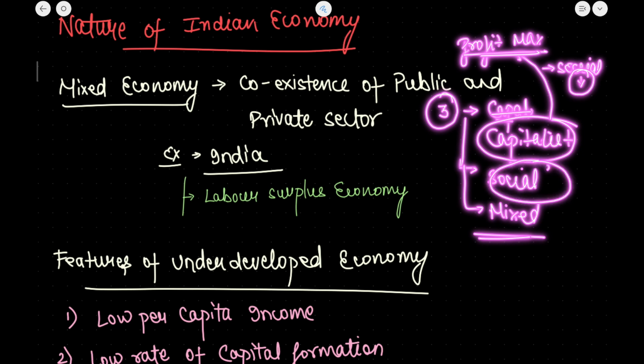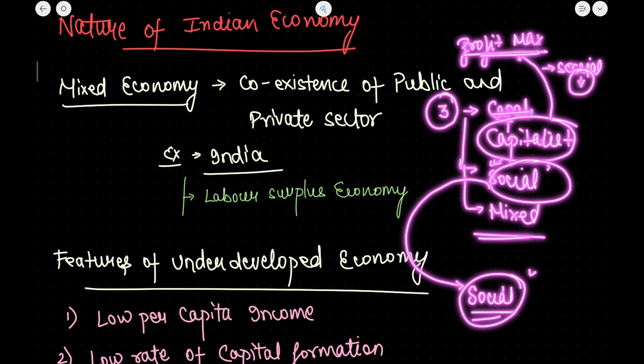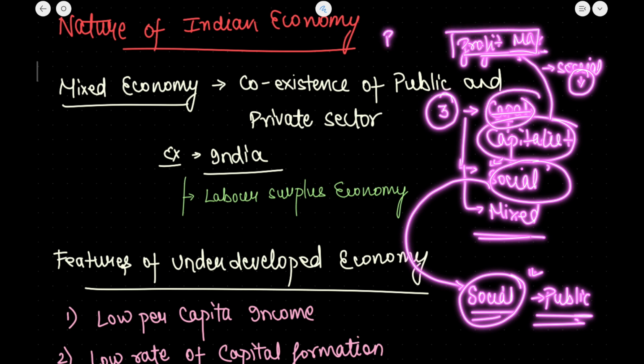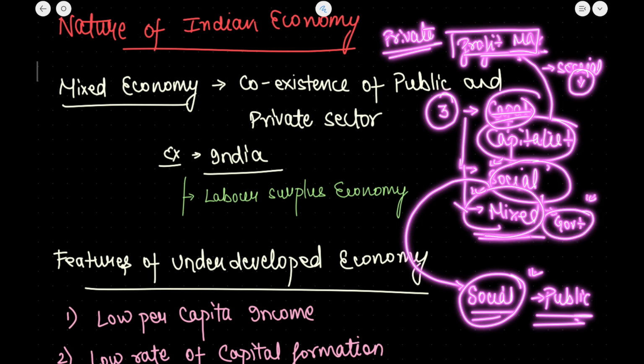Now in the socialist economy, as the name suggests, economic progress is based on the social cause, it is for the public good and not for profit maximization. Okay, so in the capitalist model, private companies take part, whereas in the socialistic model, the government undertakes the majority of the activity. So there is a mixed model as well.